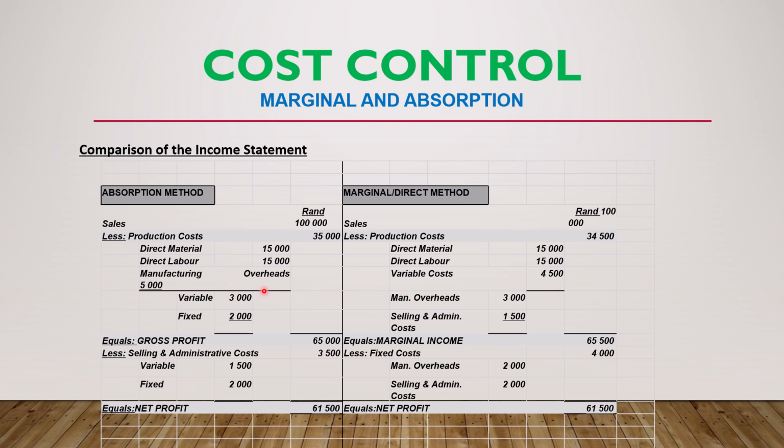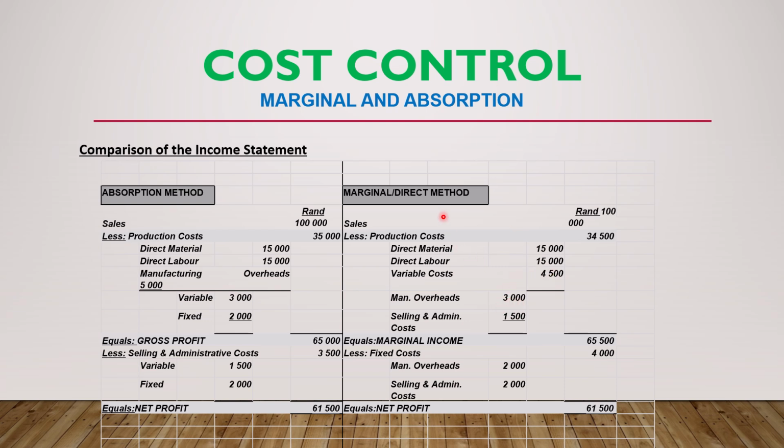Your variable part was 3,000. Also, you look for other variable costs. Your selling and admin has a variable part and a fixed part. You take that variable, 1.5. You add all the variable and you get 4.5.